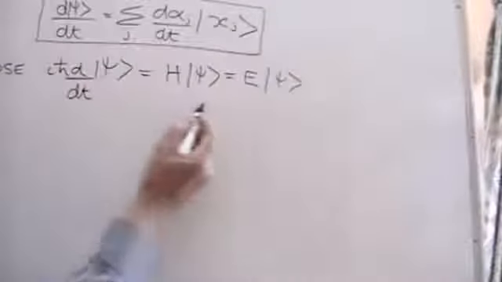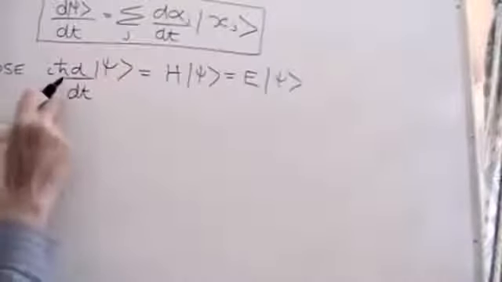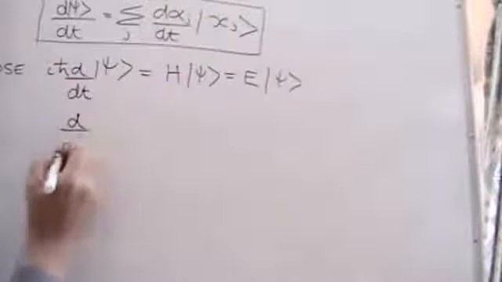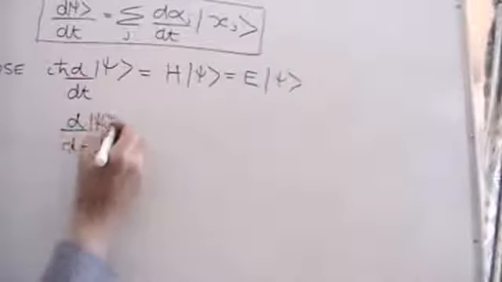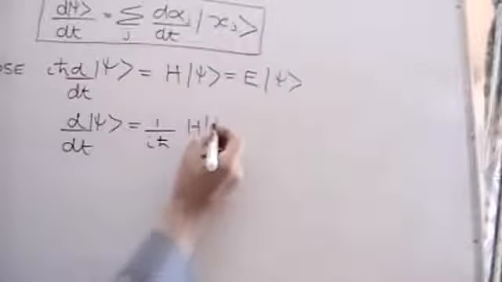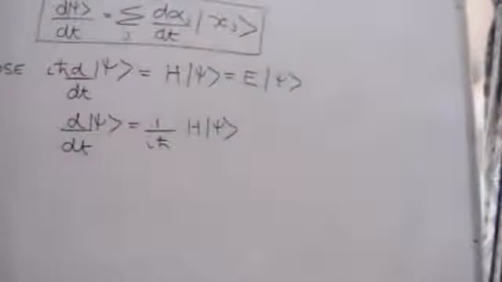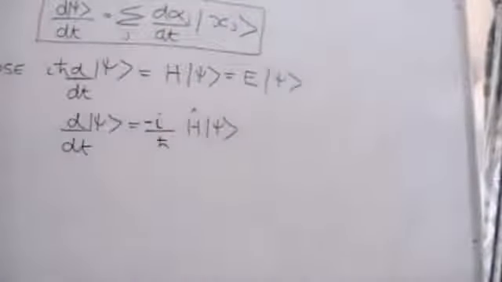So if I divide both sides of this equation by i h bar, I just get d by dt of psi is equal to 1 over i h bar H psi. But if I multiply top and bottom by minus i, I will get minus i at the top, and minus i times i at the bottom gives me minus i squared, which is just plus 1. So now I've got minus i over h bar times H, which is the operator acting on psi.